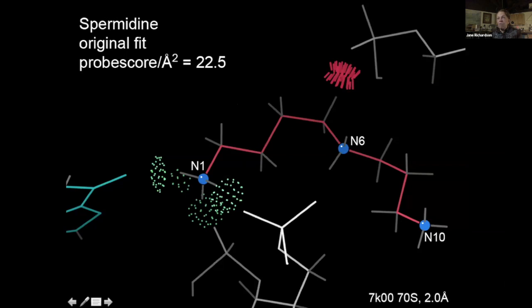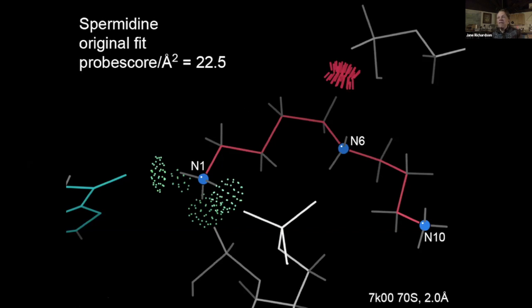So this was in a wonderful recent cryo-EM structure of the E. coli ribosome at 2 angstrom resolution. And most of the structure is gorgeous, but spermidines are hard. And so they got a bunch of them wrong, and they aren't that important for the structure. They're not the thing people look at the most, but we're interested in them as a test of how well you can fit difficult ligands.